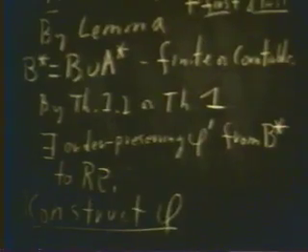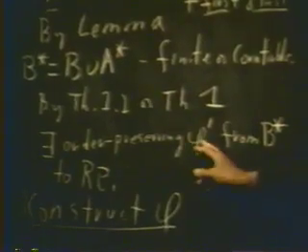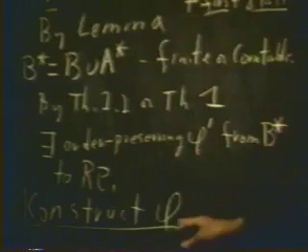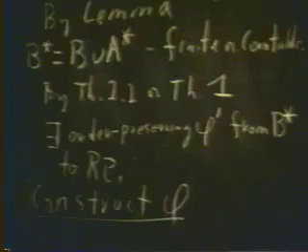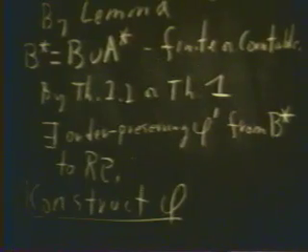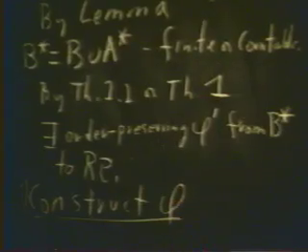We now want to use that phi prime to construct the full representing function phi. As before, our proof proceeds in two steps. First, we construct phi, and then we prove that it has the desired properties.